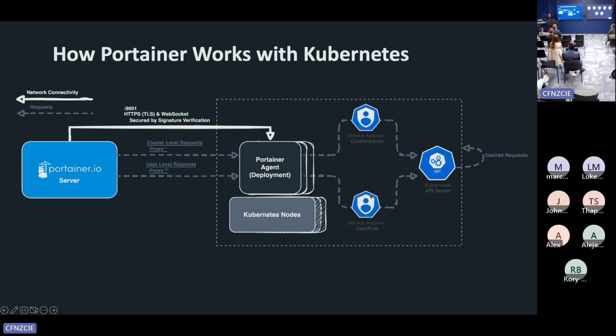And if you are a normal user, like a developer, we will be crafting a role for you so that you only have access to certain resources. In on-premise scenarios, the agent will be deployed in the on-premise Kubernetes cluster.